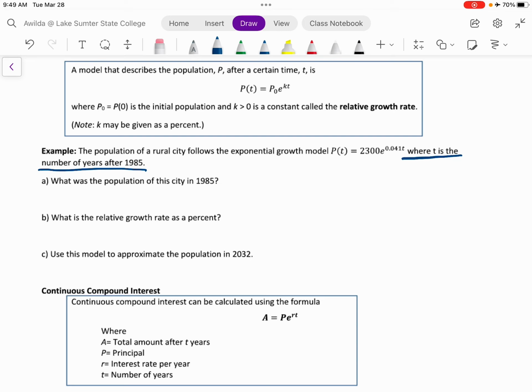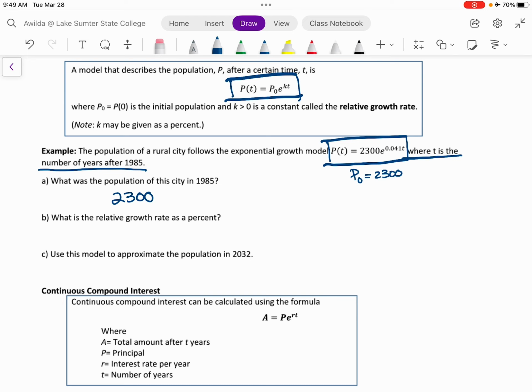So the first question is, what was the population of the city in 1985? So in other words, what was the initial population? Well, if we compare the formula given to the generic formula above, we see that P naught is equal to 2,300. This is the initial population in the first year, which is 1985.